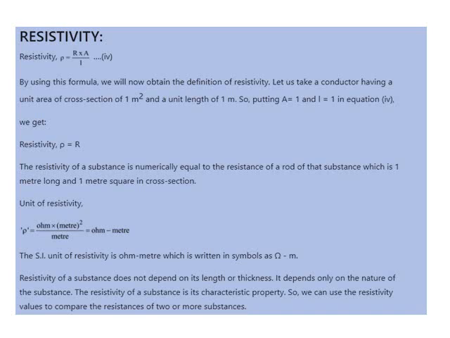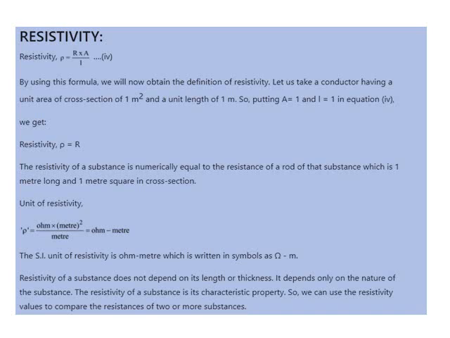So resistivity is equal to resistance. The resistivity of a substance is numerically equal to the resistance of the conductor, where the substance has 1 meter square as its area of cross section and 1 meter as its length.